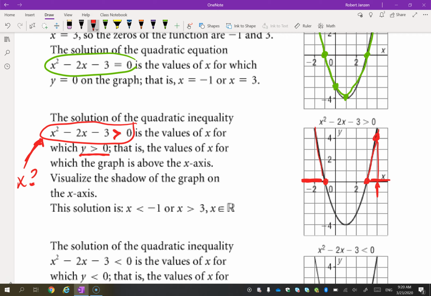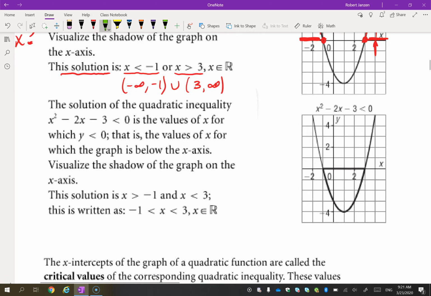So the solution for this inequality would be where is x less than -1, or where is it greater than 3? We're probably going to write it like this: -infinity to -1, or 3 to infinity. That means the same thing.